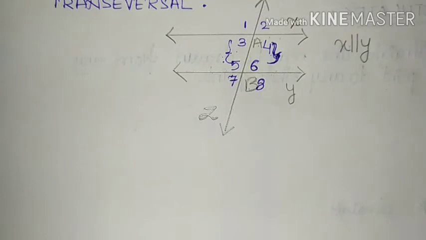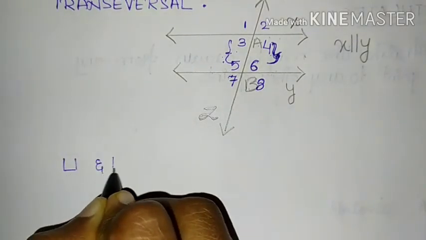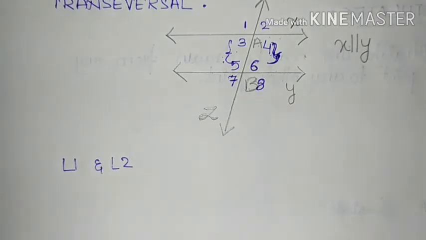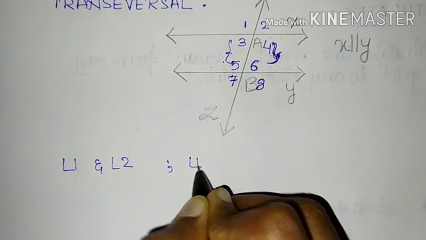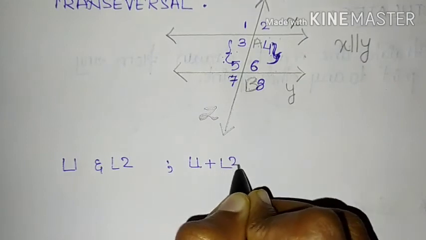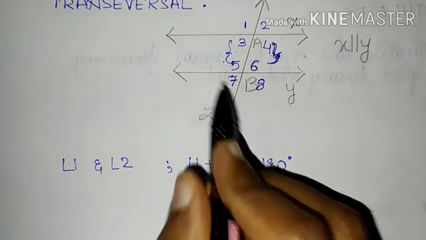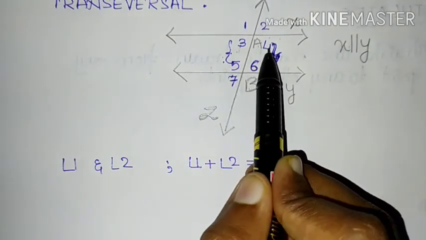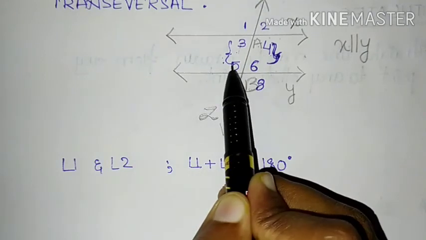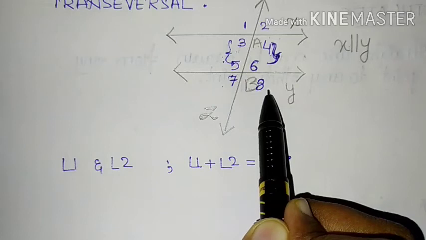Alright, so now angle 1 and angle 2 are called a linear pair because angle 1 plus angle 2 would give you 180 degrees. They are known as a linear pair. Same goes for angle 3, angle 4, angle 5, angle 6, angle 7, angle 8.